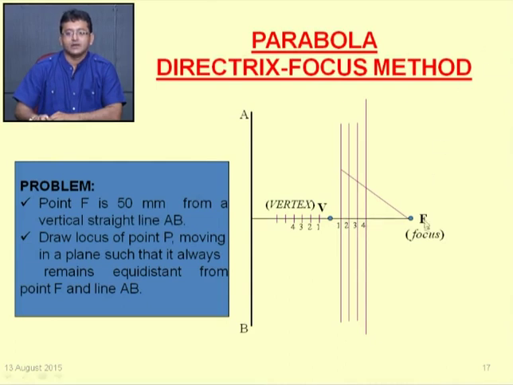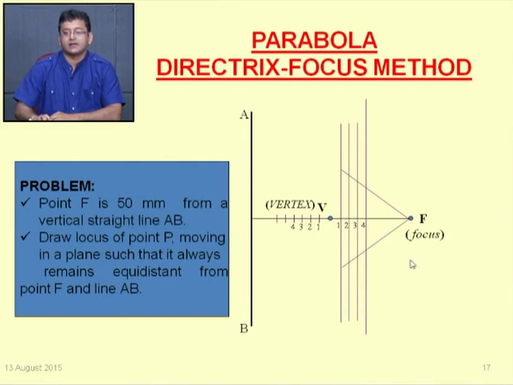Now take F as center and a radius of F1, F to the 1 on the left side of the vertex line. Draw an arc which intersects the line drawn from the 1. So here you have to take an arc of F to 1, and draw an arc which intersects the vertical line drawn from the right side of the vertex line 1.